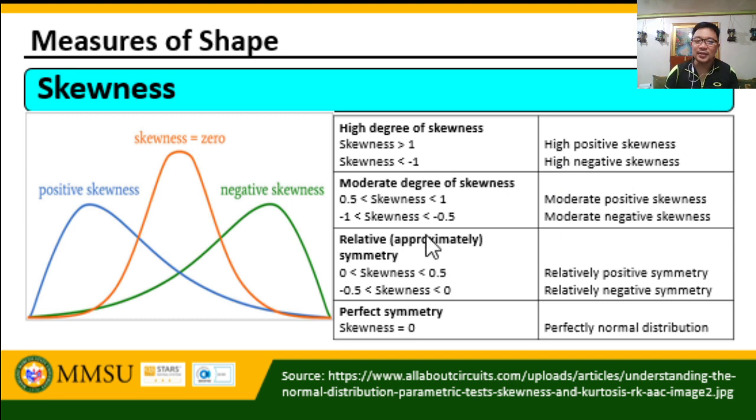If your skewness is between 0.5 and positive 1, we have moderate positive skewness. If your skewness is between negative 0.5 and negative 1, then we have moderate negative skewness. If the value of your skewness is between 0 and 0.5, we have relatively positive symmetry.